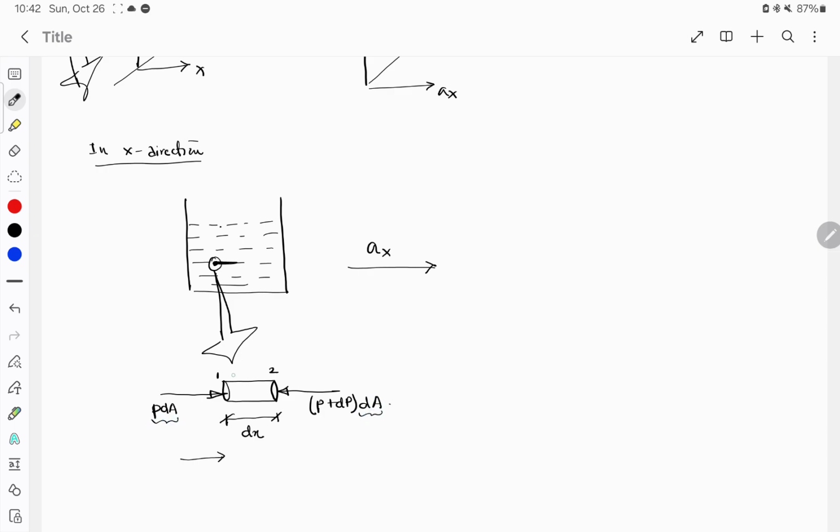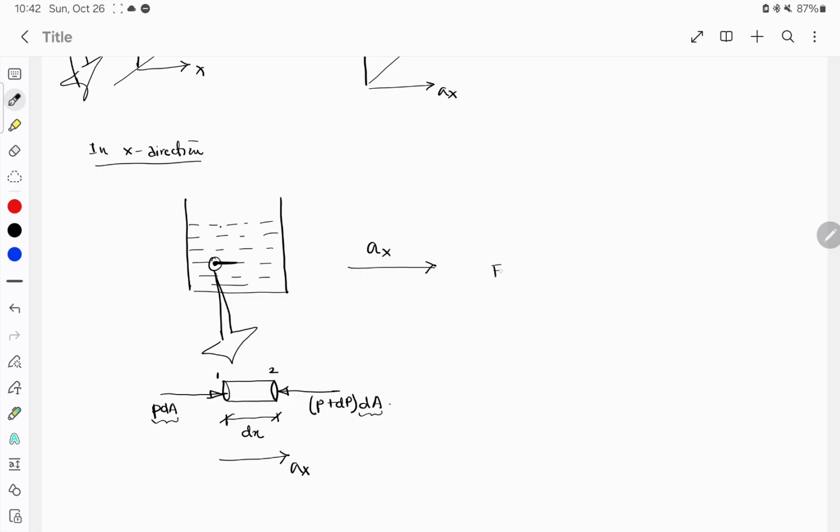So force at 1 is P into dA, and force at 2 is P plus dP into dA. If there is no pressure increase from point 1 to point 2, then dP will come out to be 0, and this whole element was moving with an acceleration of ax in the x direction.